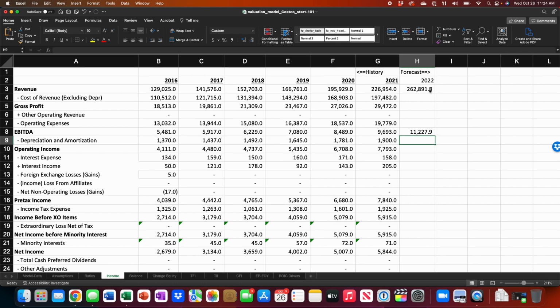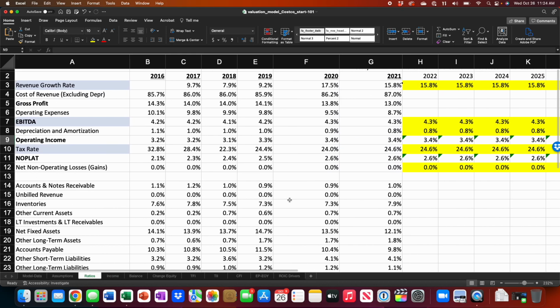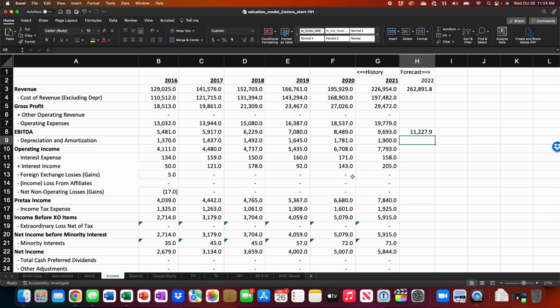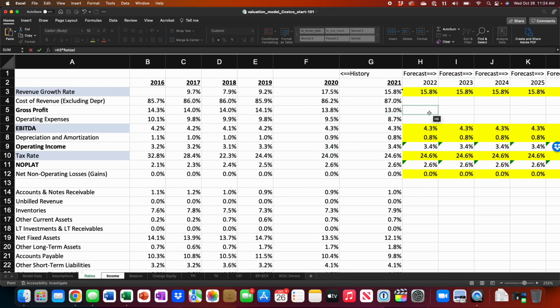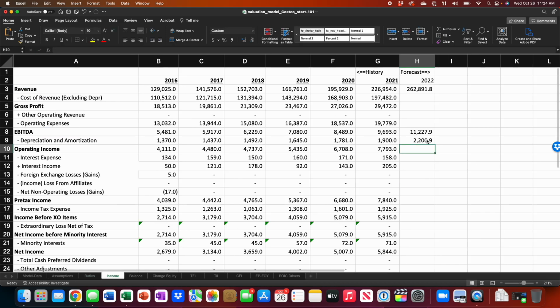Okay. Depreciation, we're going to do the same thing. So basically on the income tab, depreciation in dollars off the income tab equals 2022 revenue, I'll go the other way, H3, times ratio H8 off of the ratios tab, 2200.9.